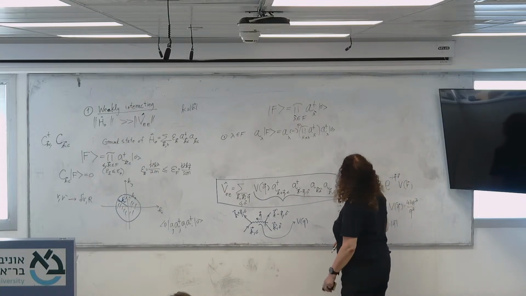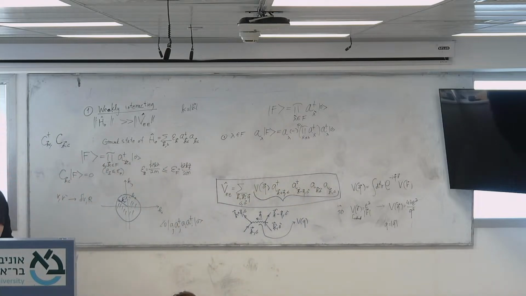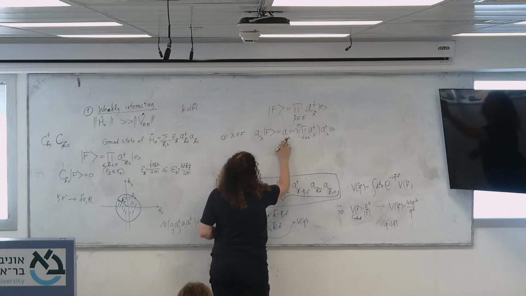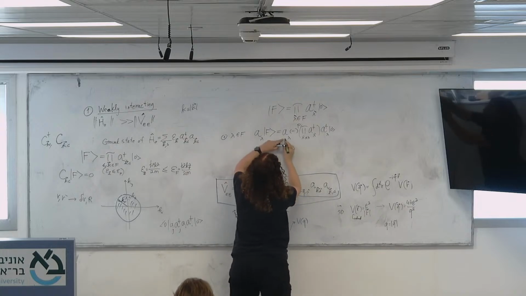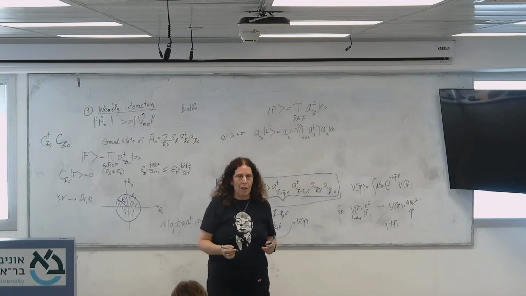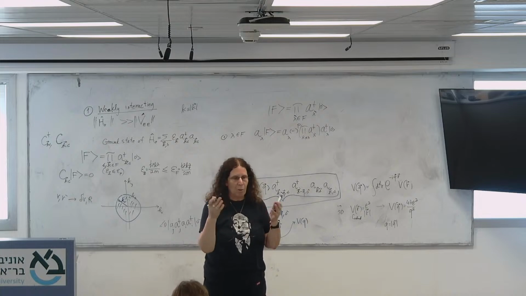And now I do another reshuffling because I want to bring this A of lambda, I want to pass over all the lambda primes that are different from it, because I know that when I do this, I always pick just a minus or plus sign.